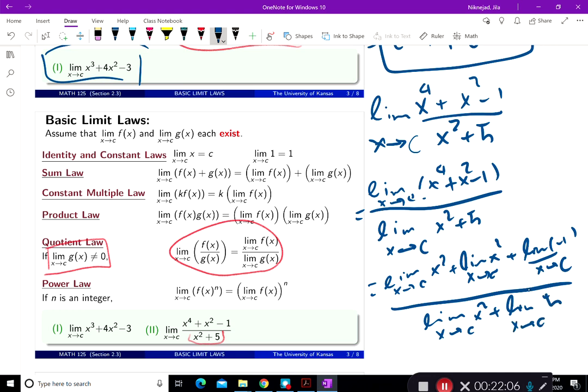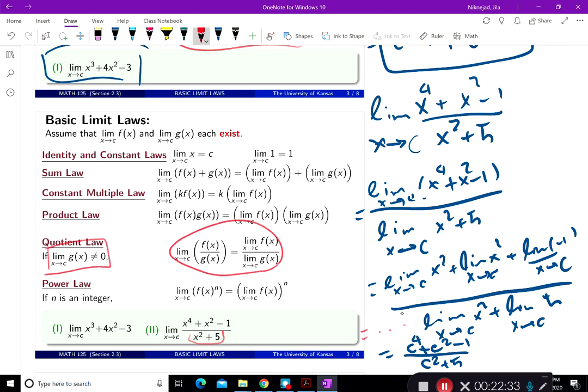Then one more law, and eventually we end up plugging in c for everything. So I end up with c to the 4 plus c squared minus 1 over c squared plus 5. I'm skipping a few steps because it's a similar process.